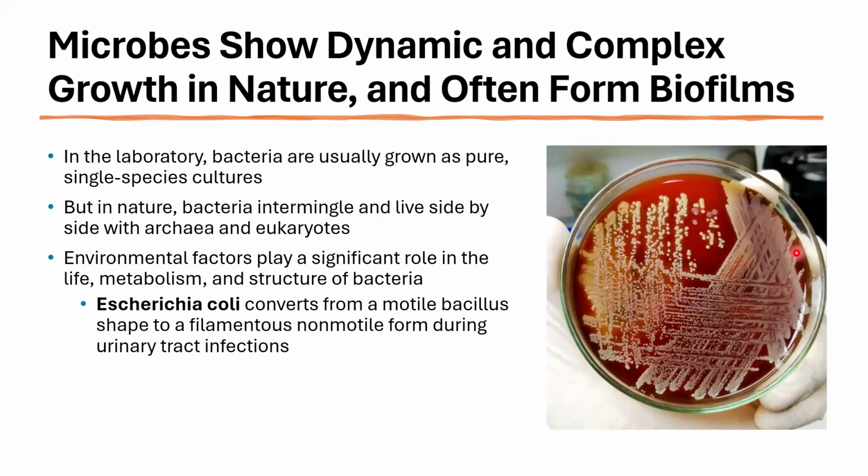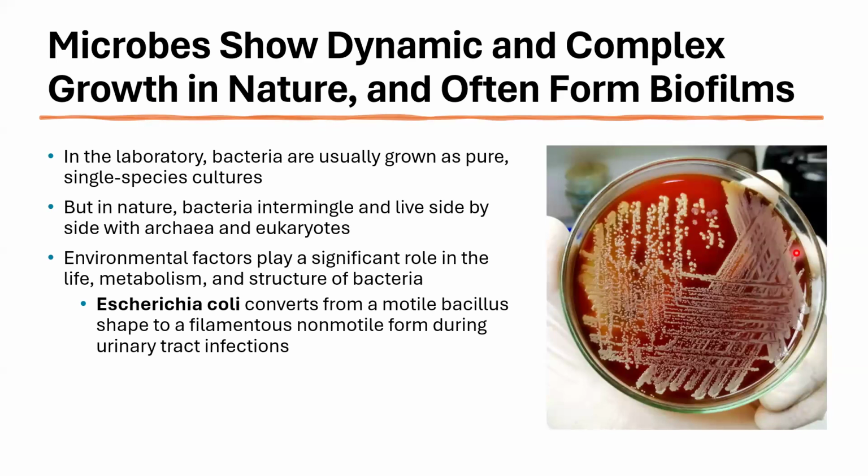But in nature, these bacteria are going to be intermingling not only between these two, but oftentimes between multiple other organisms, including archaea and fungi and protozoans and all sorts of stuff that are out there in their environment. And so there are going to be many different environmental factors that actually play a role in how those microbes grow and whether or not they're able to perform one type of metabolism or another, and even in the phenotypic characteristics of those bacteria.